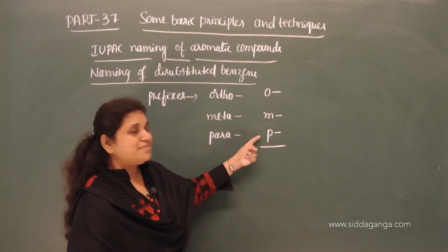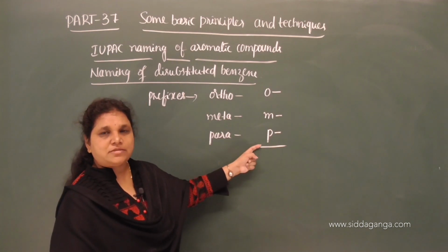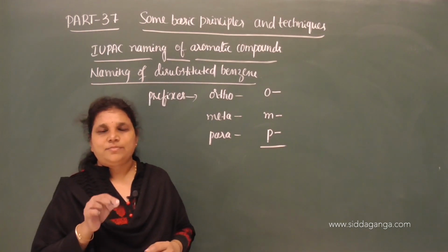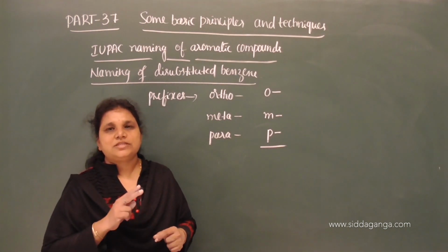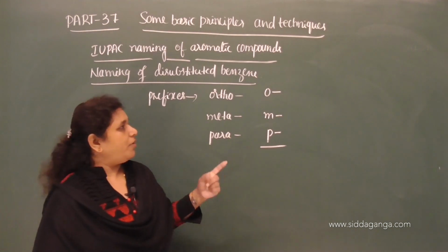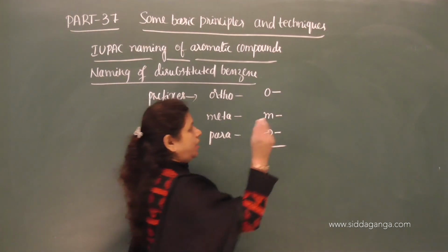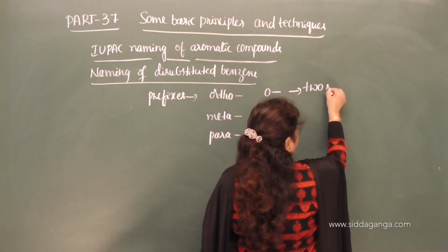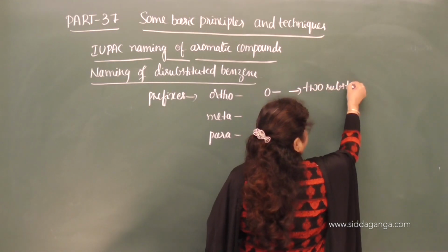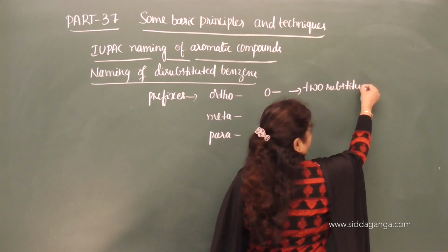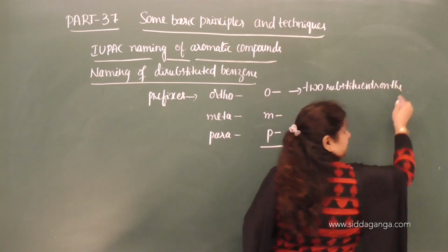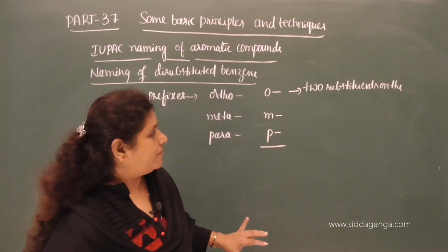These symbols of the prefixes are used in a common name to indicate the position of two substituent groups. Then what do you mean by ortho position? Ortho position means the two substituents are on the adjacent carbon atoms.